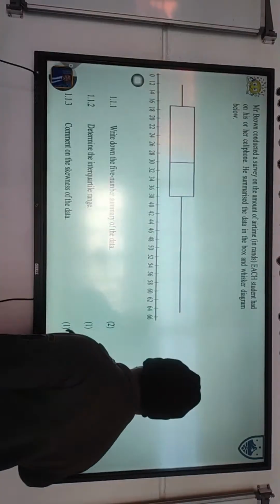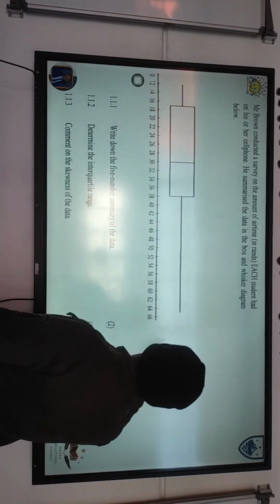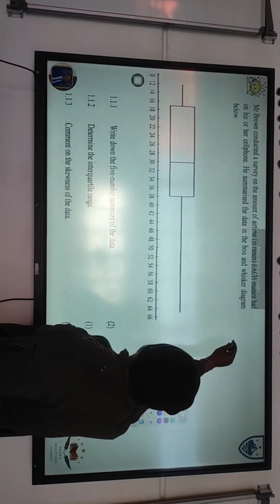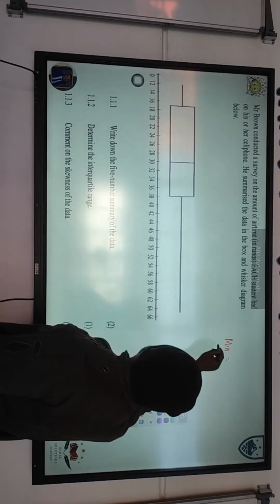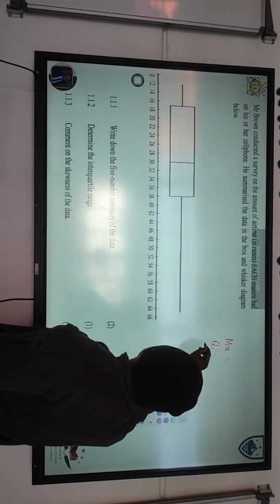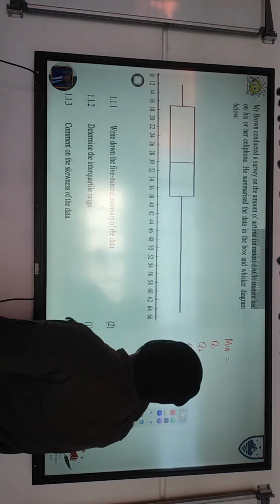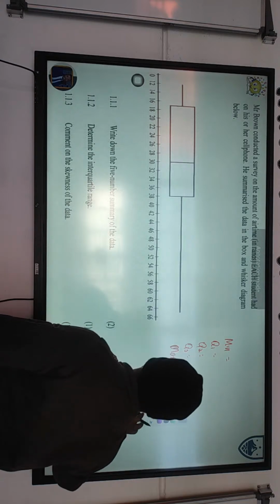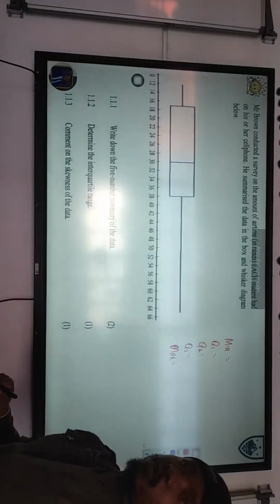So the 5 summary data that we're going to need is the minimum, Q1, Q2, Q3, and the maximum. And they are shown there.